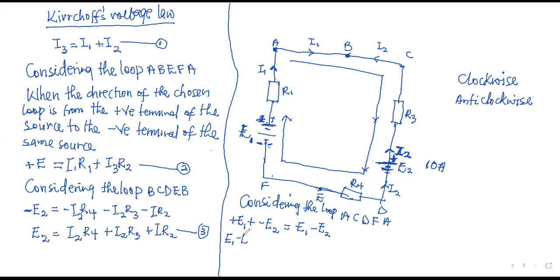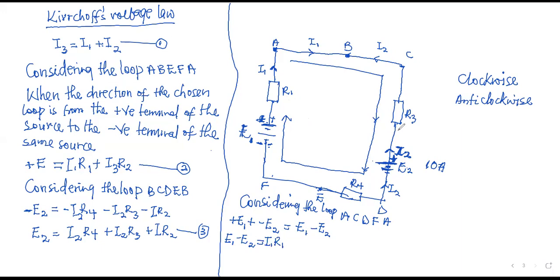All right. So E1 minus E2, then you look at the PD across the resistance. Right now, will the PD across R1 be positive or negative? Sir, please positive. So I1 times R1.